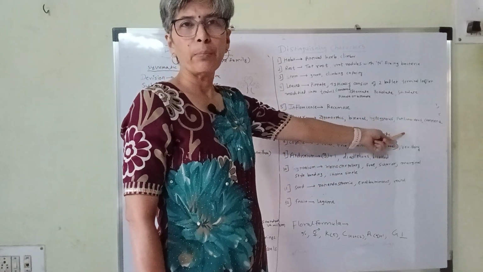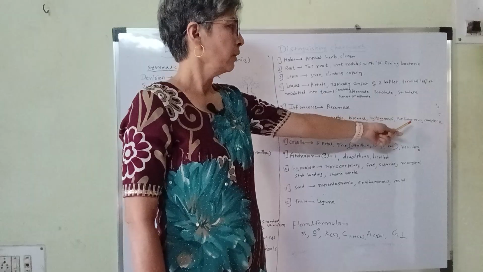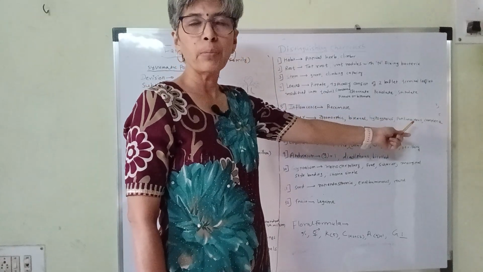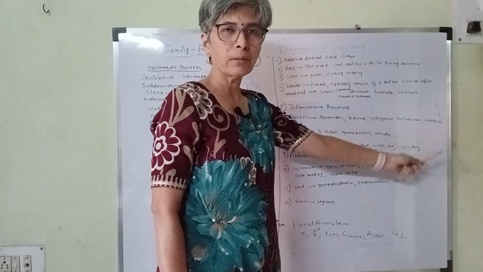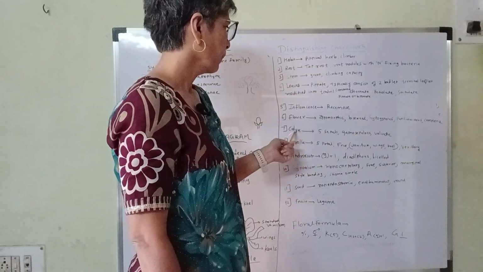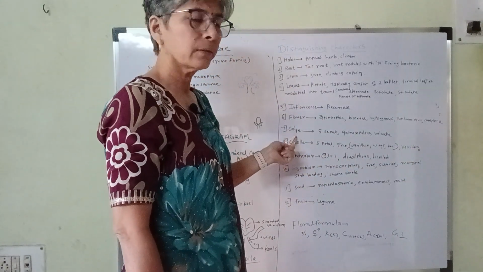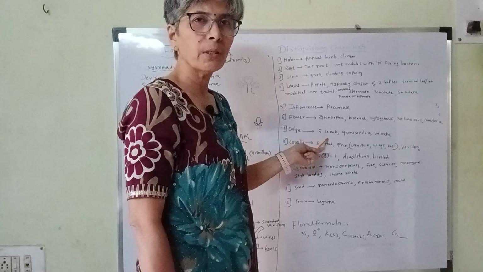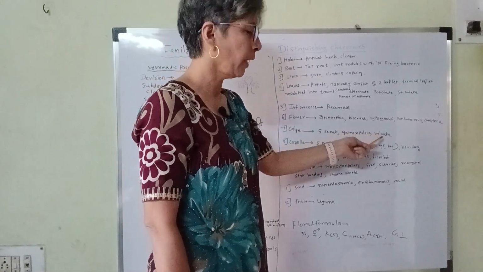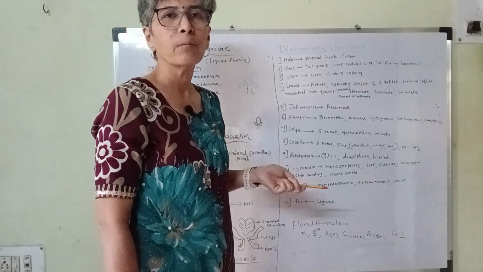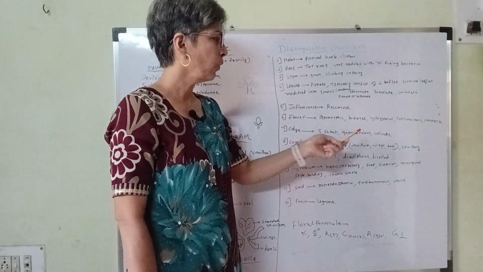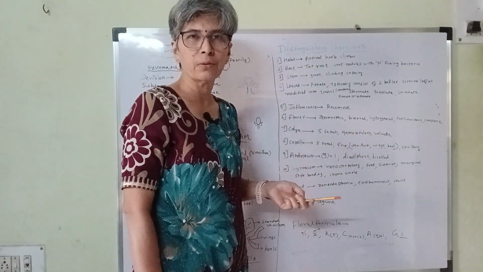The flower is papilionaceous. This means the butterfly shape. And it is complete. Calyx is 5 sepals, gamosepalous and valvate estivation. I told you in my earlier videos what is valvate estivation.